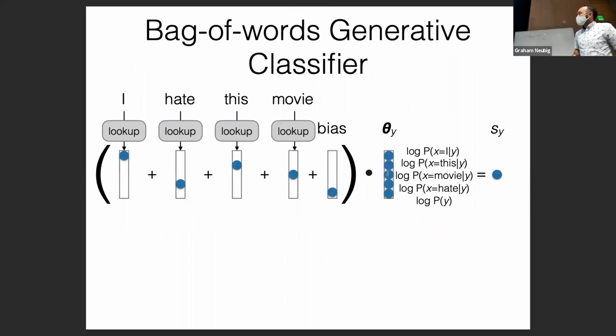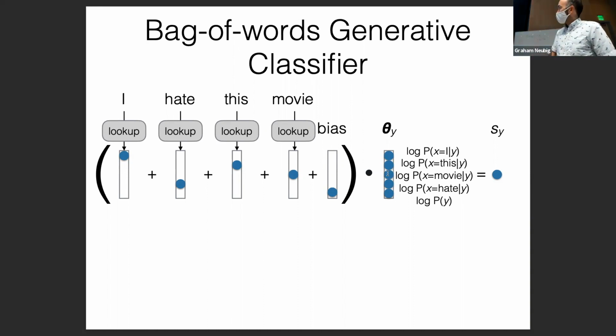So one interesting thing is if we think about this from the point of view of the bag of words text classifier that we talked about before, we can actually express it in this way.